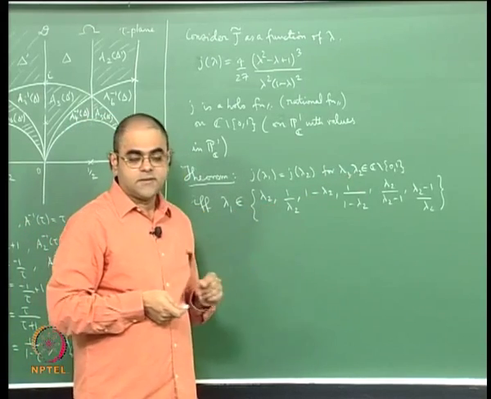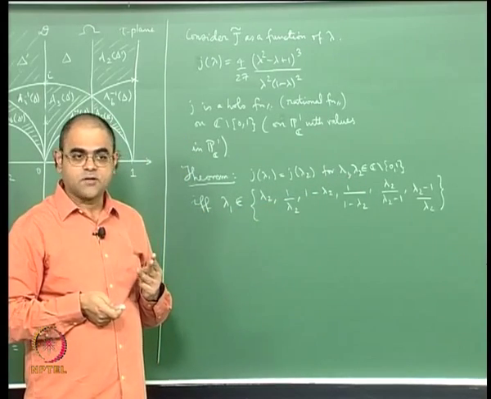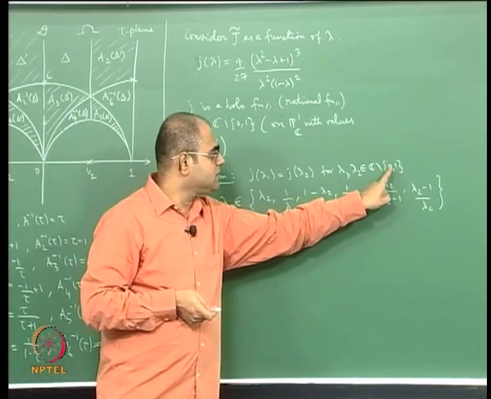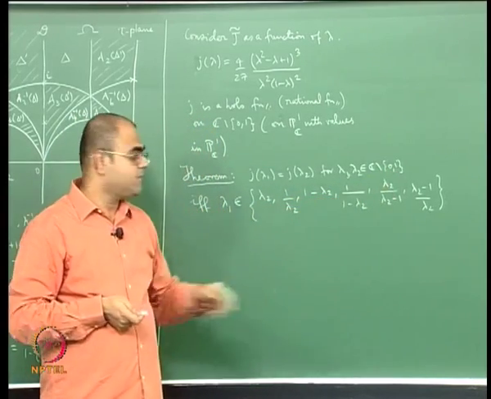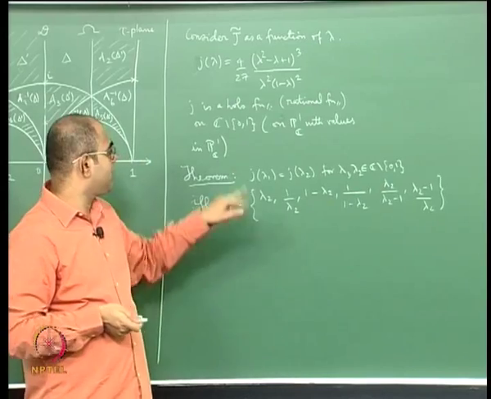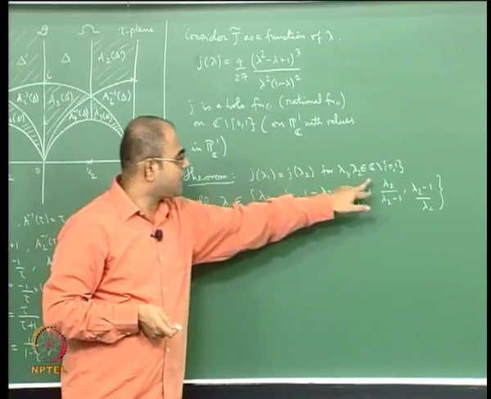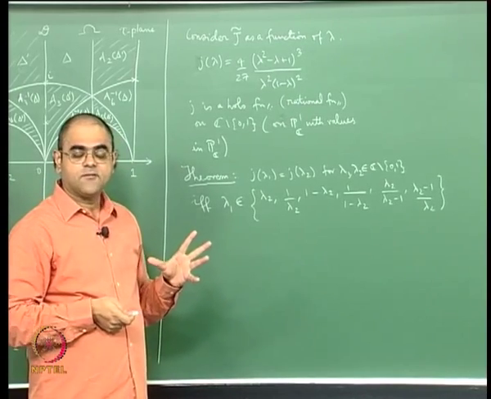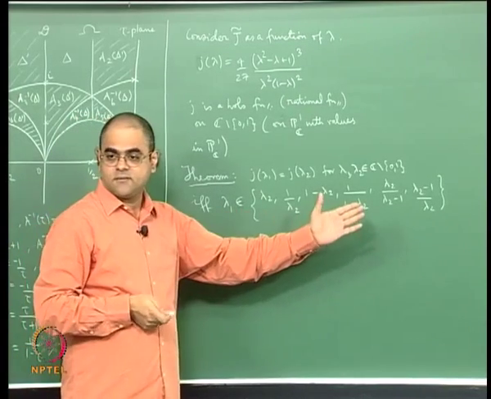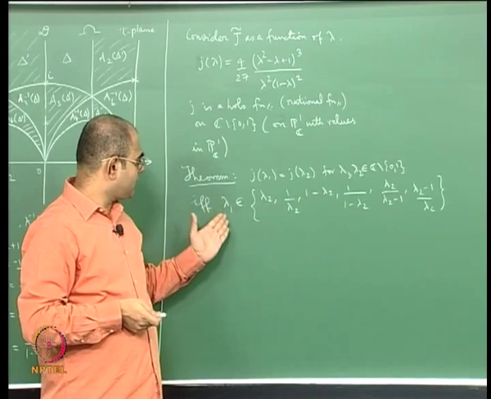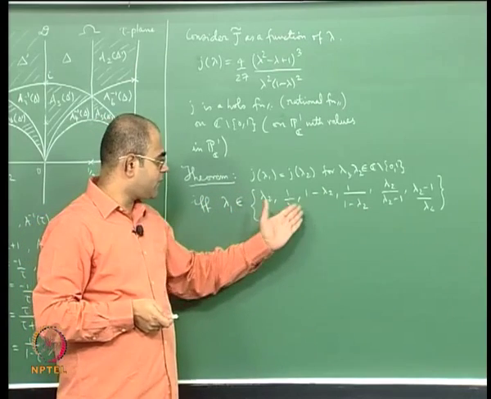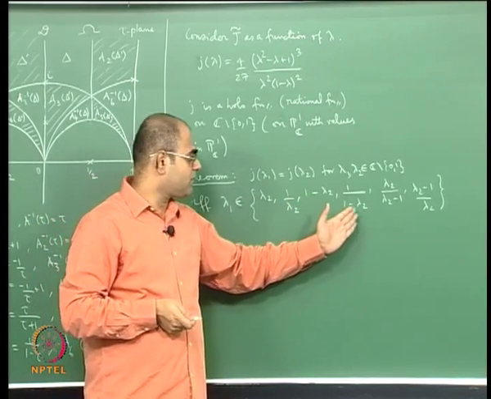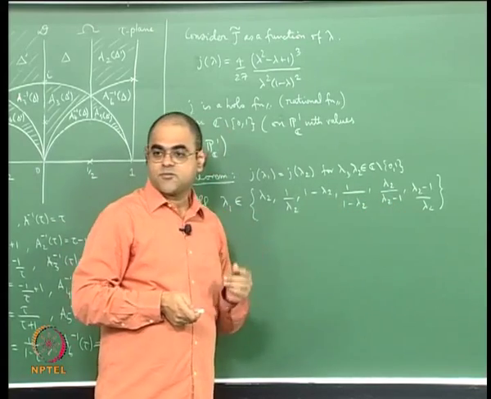There is an action of the symmetric group on 3 elements, acting on 0, 1 and lambda, okay, where lambda is a complex number not equal to 0, 1, for which the orbit for a given lambda is given by lambda, 1 by lambda, 1 minus lambda, 1 by 1 minus lambda, lambda by lambda minus 1 and lambda minus 1 by lambda.